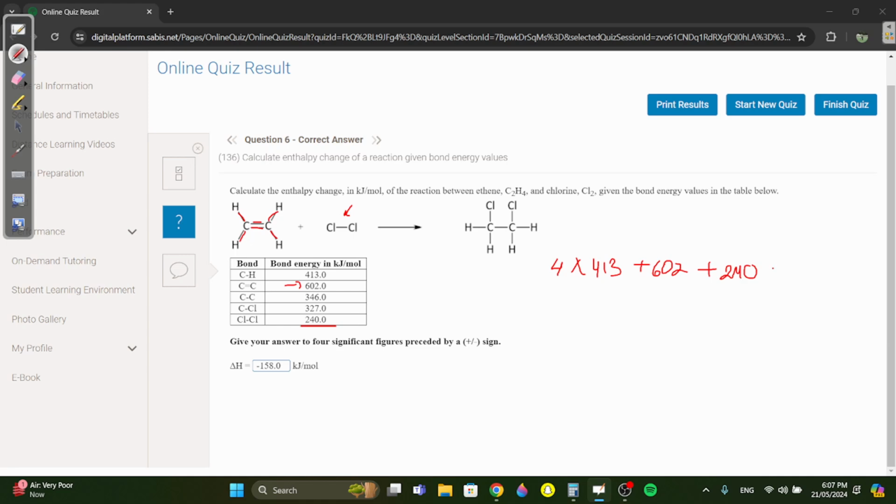And then you subtract, we have again 4 CH bonds, so 4 times 413. Then you have 2 CCl bonds, so 2 times 327 plus 2 times 327, plus the C in the middle, single CC, so plus 346. Put this in a calculator, you get minus 158, and then put it to 4 significant figures.